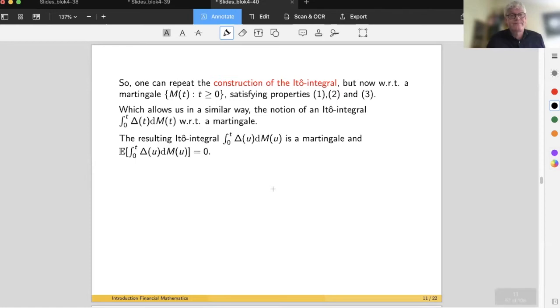So the resulting Ito integral, the integral from 0 to t of delta_u dM_u, is a martingale, and therefore in expectation it is equal to 0. That is the definition of the martingale.